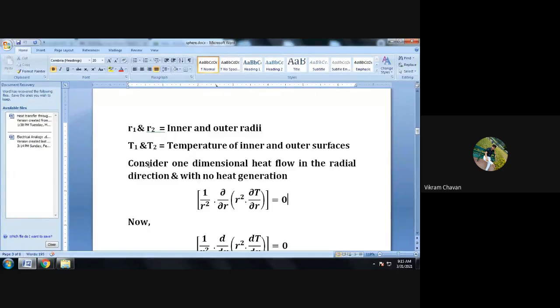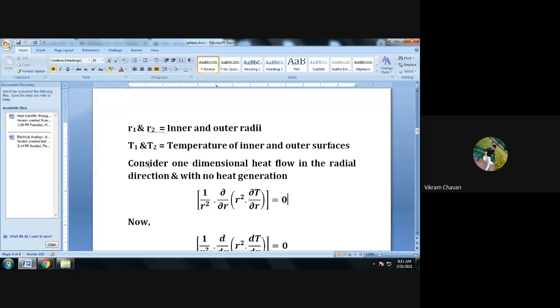T1 and T2 are the temperatures of the inner and outer surfaces. Consider one-dimensional heat flow in the radial direction, with no heat generation.